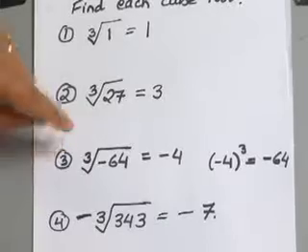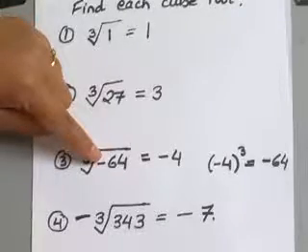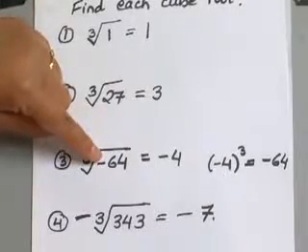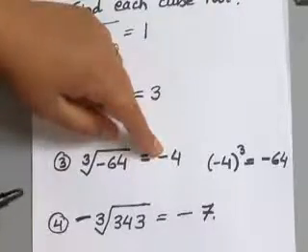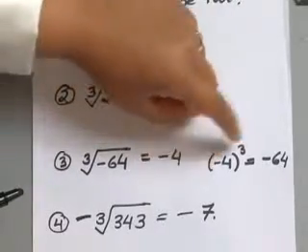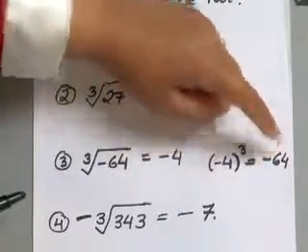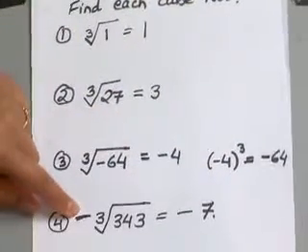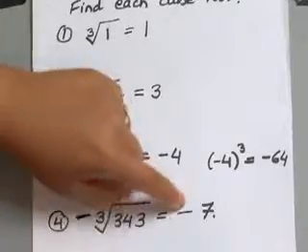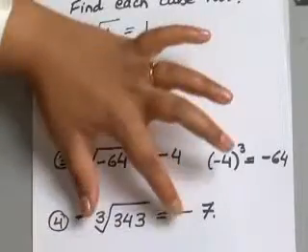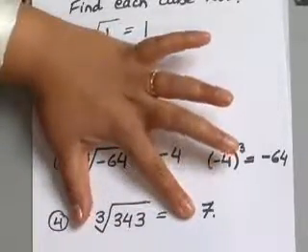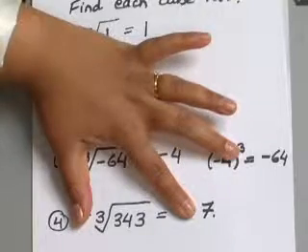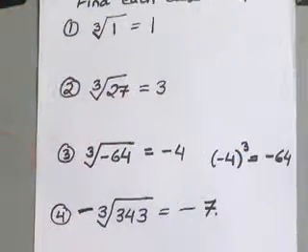In example 3, your negative was inside the radical sign, and that's why this answer turns out to be negative, because negative 4 to the third power gives us negative 64. In example 4, the negative was on the outside of the radicand, so you just carry over that negative. That's why, if you didn't have that negative sign, your answer would have been a positive 7.